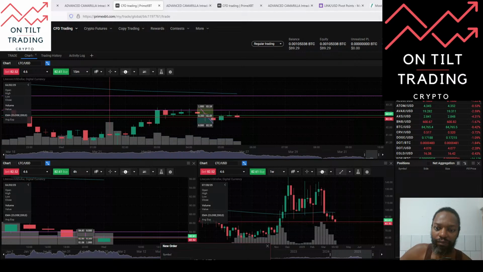So since price action is in between these levels, I'm going to target levels here. The next viable level that I'm seeing here would be this candle here, and then following that would be the low of this candle here.